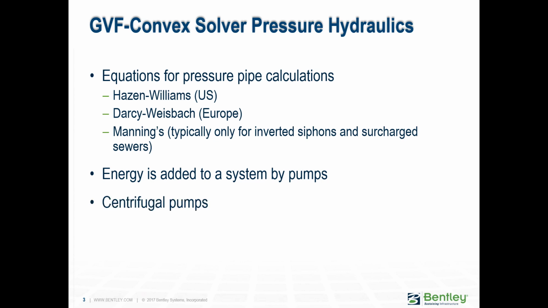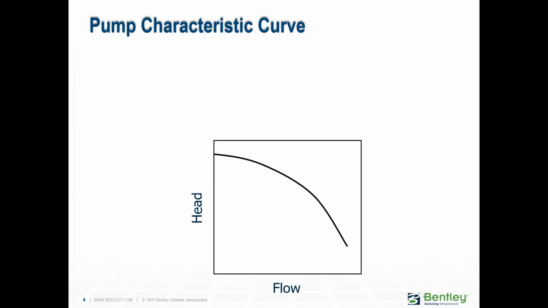Most of the time, it's centrifugal pumps. And the amount of energy that a pump adds, we call pump head. And as we saw yesterday when we double-clicked on our pumps, one of the requirements was that we entered a pump curve.